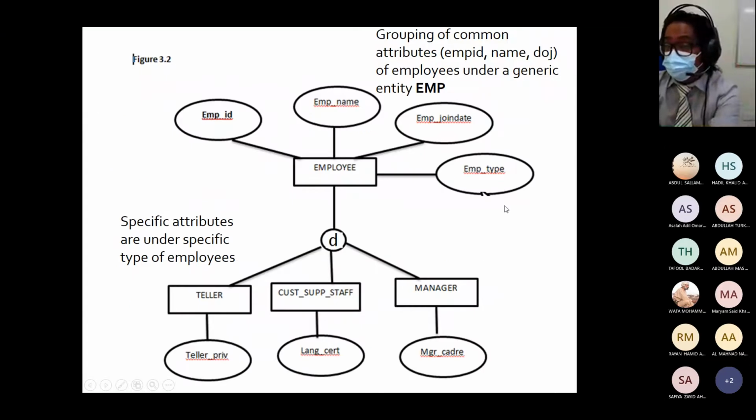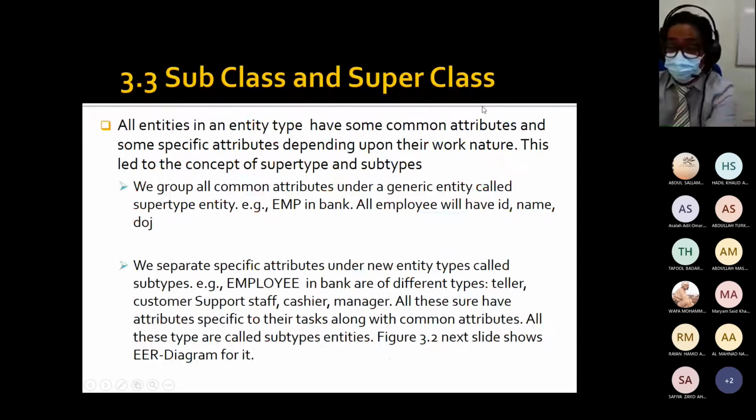This is on the top, but at the bottom here, the teller has its own specific attributes intended only for him, and similarly language and manager credentials. And that is a subclass, or in short, subtype.